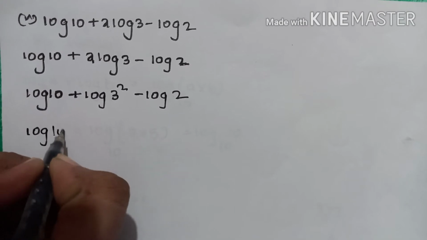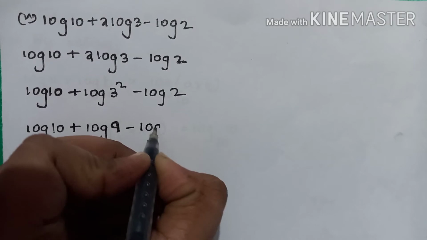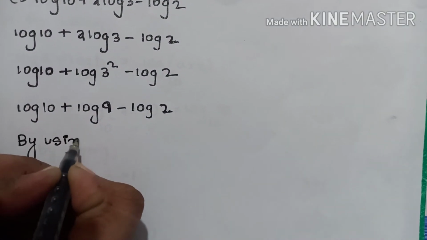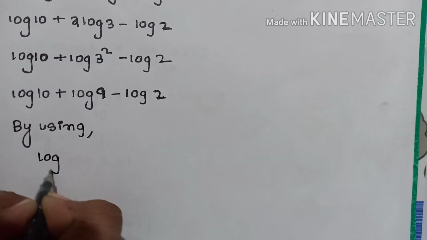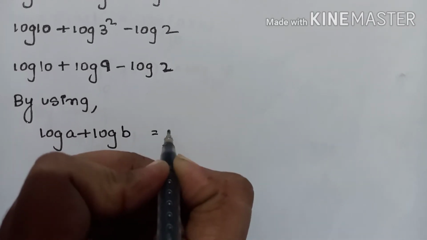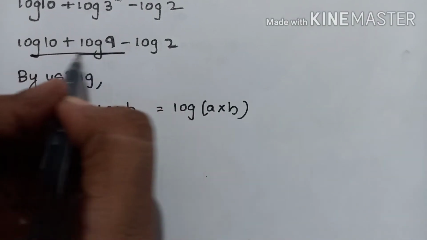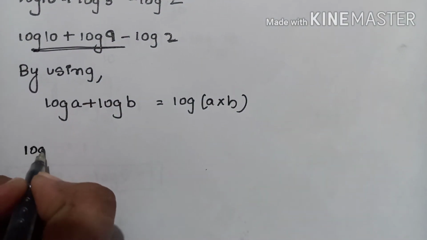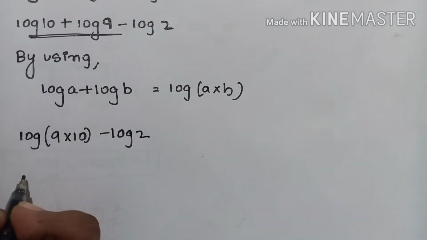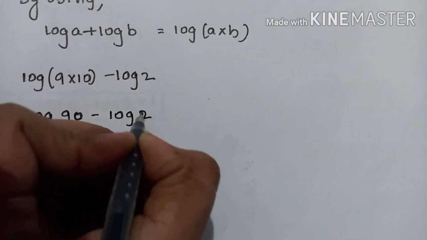So log 10, log 3 square is 9, log 9 minus log 2, and by using log a plus log b, which is log ab, we are going to make these two terms as one term, that is log 9 into 10 minus log 2. Here log 9 into 10 is log 90 minus log 2.